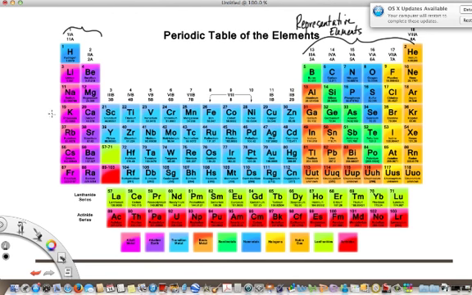The periods of the periodic table run across horizontally, and the properties in a period will increase or decrease as we move from left to right across the periodic table. And if we could graph these properties, we would find patterns.